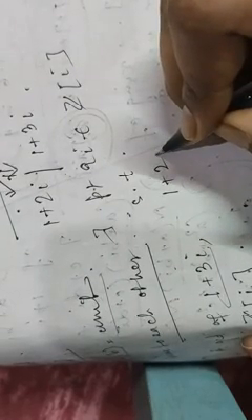From here we can write 1 + 2i divides 1 + 3i, right? That means there exists some element p + qi belongs to Z[i] such that (1 + 2i) times (p + qi) equals 1 + 3i, right?